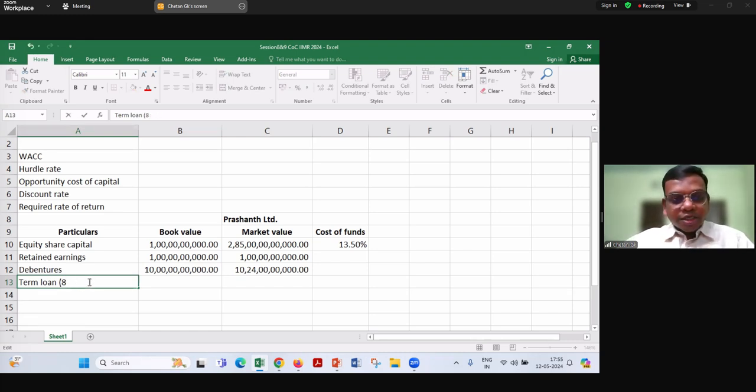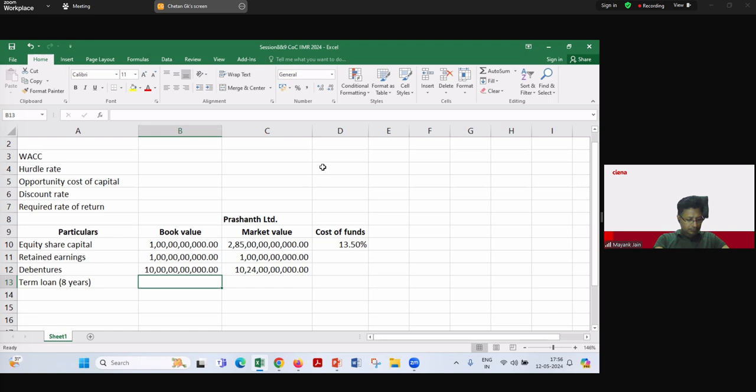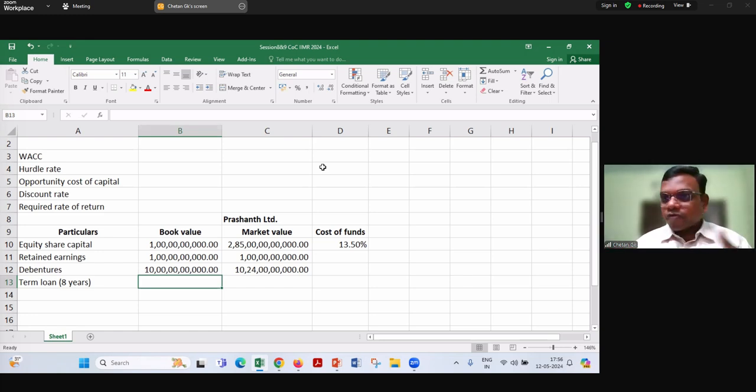It is a term loan for 8 years. Not 8 years ago; it is a term loan the company has taken for 8 years. Since it is 8 years, the company is supposed to repay this loan in 8 years. At the end of 8 years, this loan should have been completely paid off by the company.